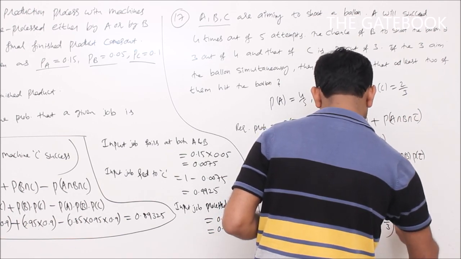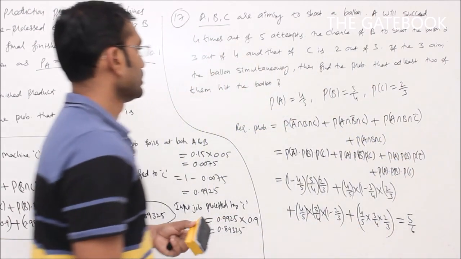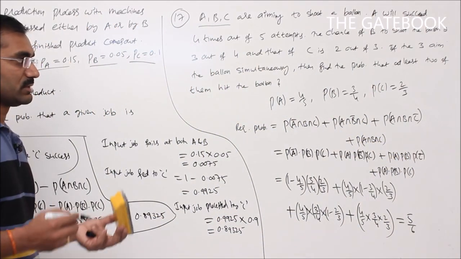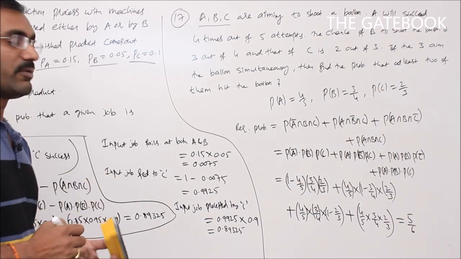Simplifying this, finally it gives 5 by 6. This is the required probability: the probability that at least two of them hit the balloon is 5 by 6.